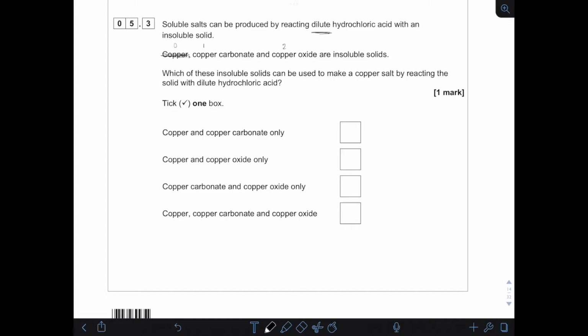I think this question is a bit harsh for GCSE grade, and I would say this is the right answer. Yeah, if we've ruled out copper as a valid option, then it essentially killed these 3 answers anyway, so there's only 1 correct answer.